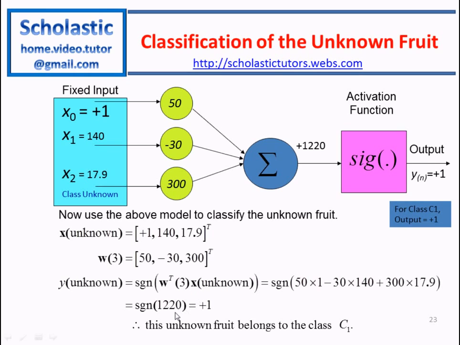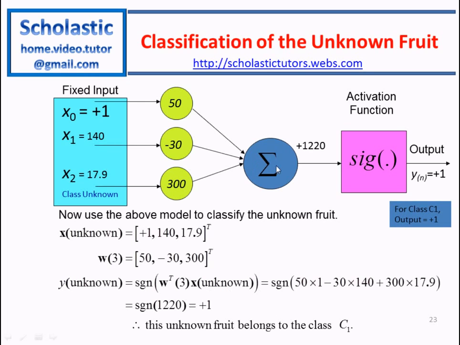Signum of 1220. If you recall, if the signum function has a positive input, it will give +1 as the output. If the value is a negative number, whatever the number, then the output should be -1, because it's either +1 or -1 depending on your input.